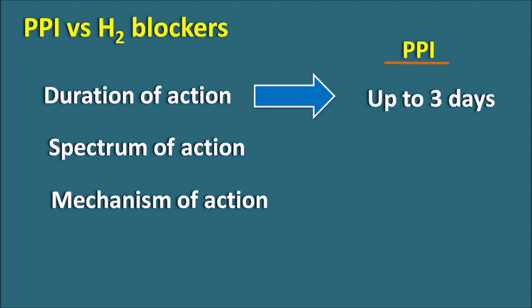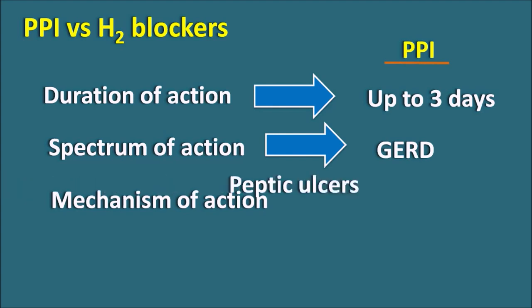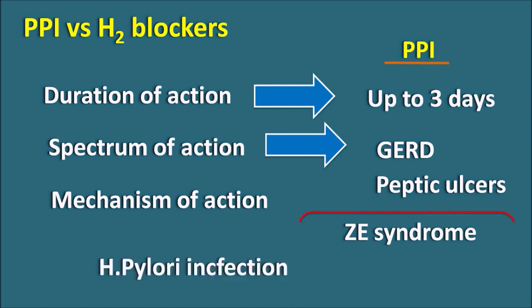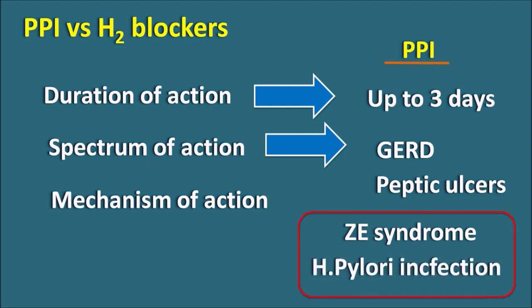Now let us look at the second point of difference, spectrum of action. Both of these categories of drugs can be given in clinical conditions like GERD, gastroesophageal reflux disorder, as well as in the treatment of peptic ulcers, where both decrease gastric acid secretion. But in a few clinical conditions like Zollinger-Ellison syndrome, as well as H. pylori infection, proton pump inhibitors are preferred over H2 blockers.